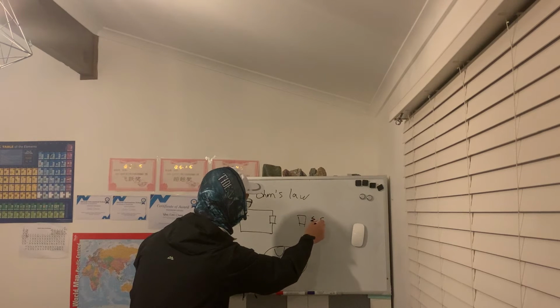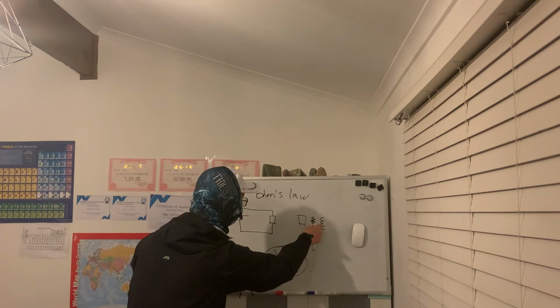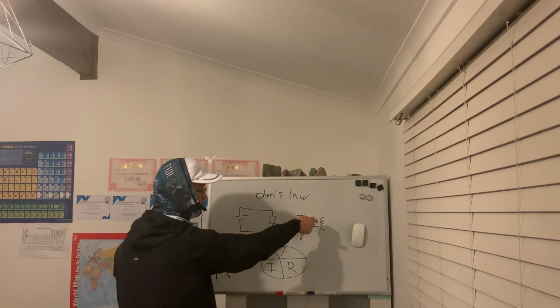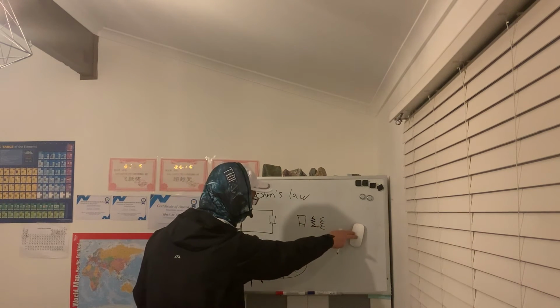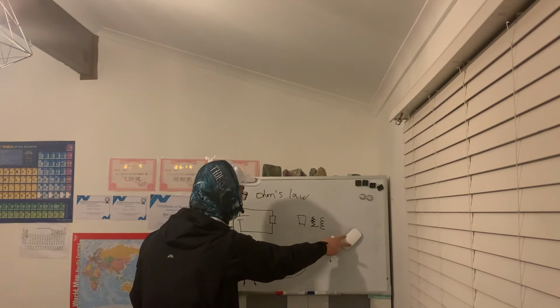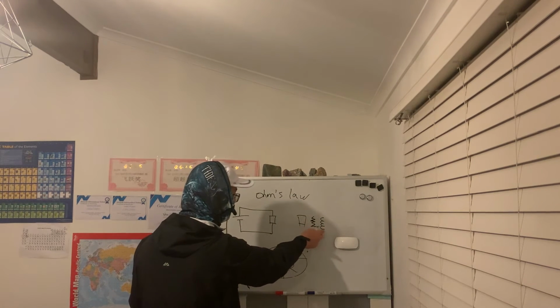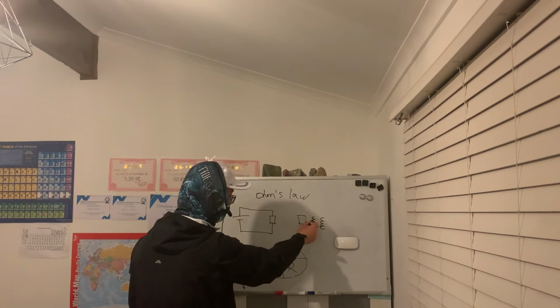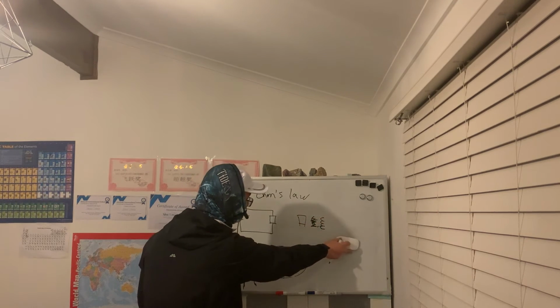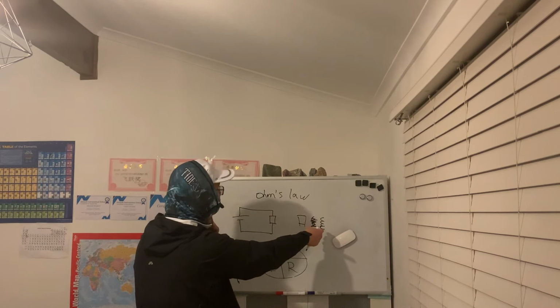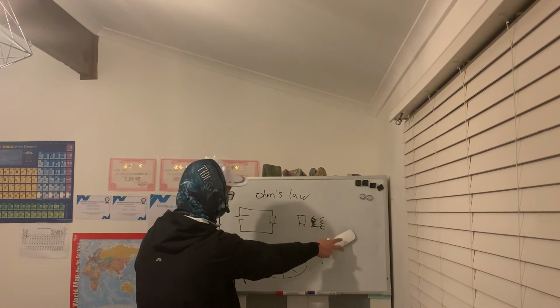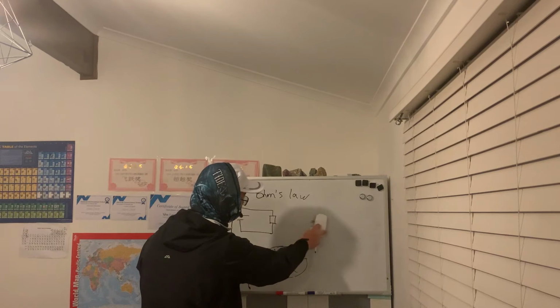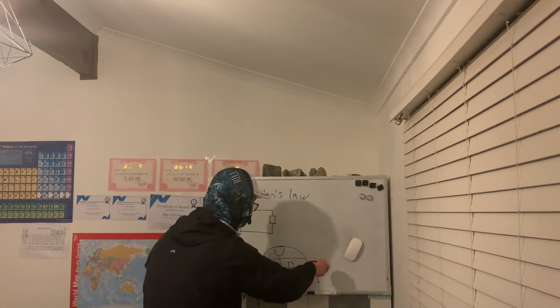But if it's like this, like a coil of wire, it's called, what's that called? Oh yeah, an inductor. Just remember, if it's curved, it's an inductor. If it's a zigzag, it's a resistor. Inductor is also a very important component you will learn later, especially in alternating current circuits.